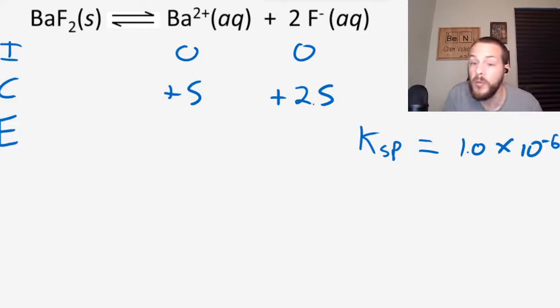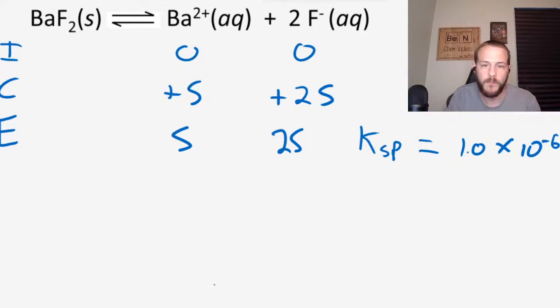The reason I put that 2 there is because there's a coefficient of 2 in front of the fluoride ion. For every unit of barium fluoride that dissociates, 2 units of fluoride ion are generated, and that's why we have this 2S. So at equilibrium, the barium ion is just going to be S, since 0 plus S is just S, and the fluoride ion is going to be 2S. So we have S and 2S.